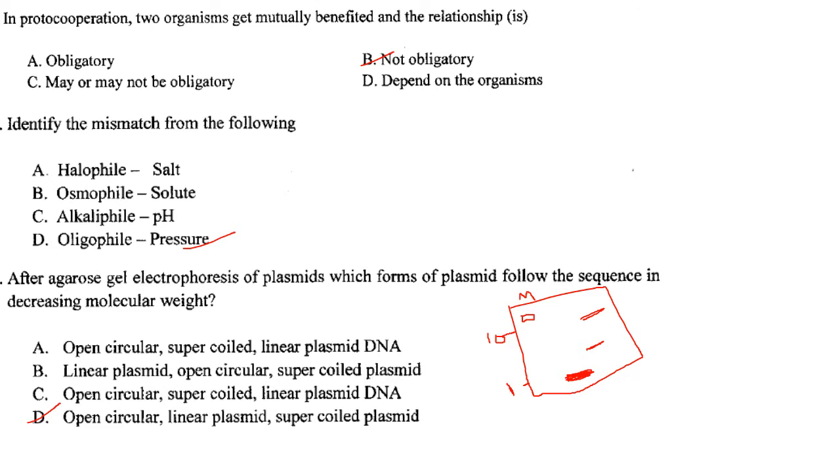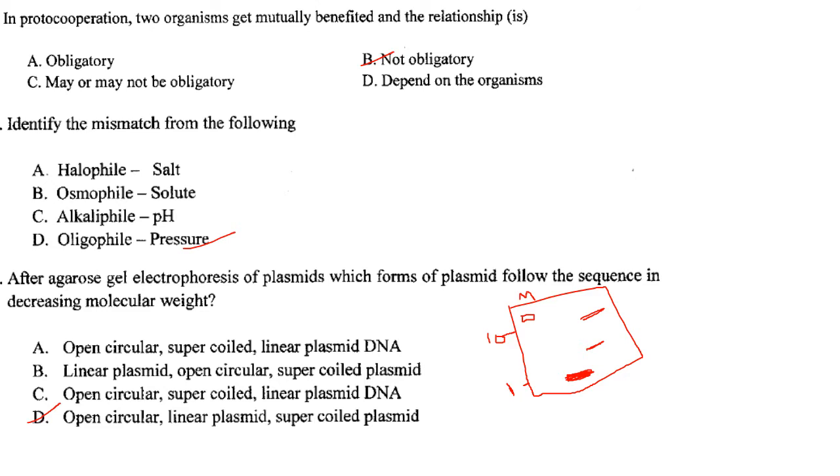Since the supercoiled plasmid is the supercoiled form of DNA structure, it will migrate and run to the base of the agarose gel, as it has less resistance to run through the gel, so you will get the band over here. Then comes the linear plasmid and the open circular. Out of these two, the linear plasmid will be somewhere around here, and the open circular will be at the topmost region.